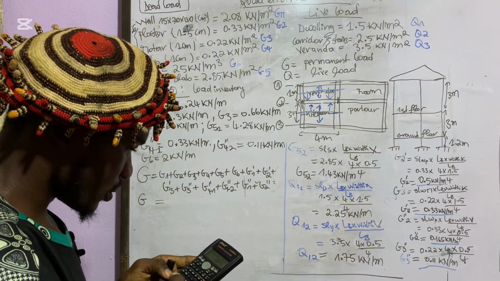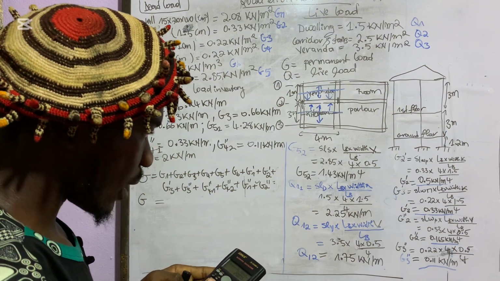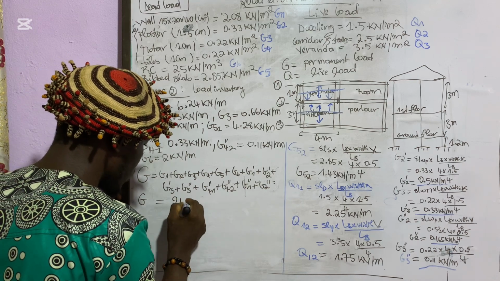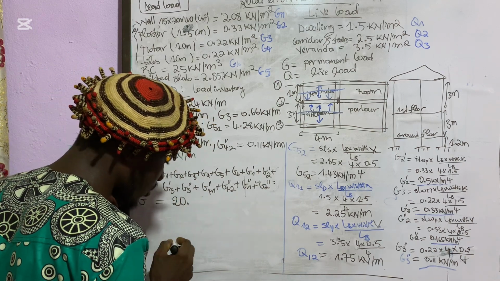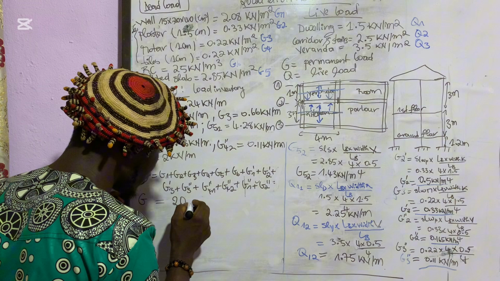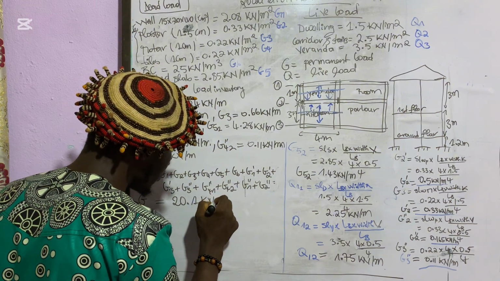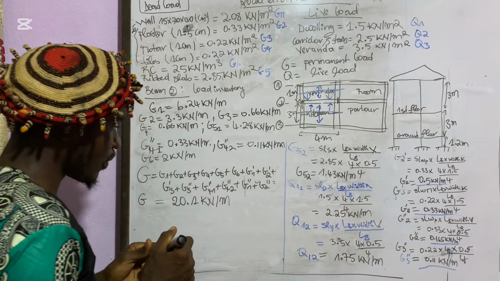So we are about 20.075, that's 20.1 kilonewton per meter.